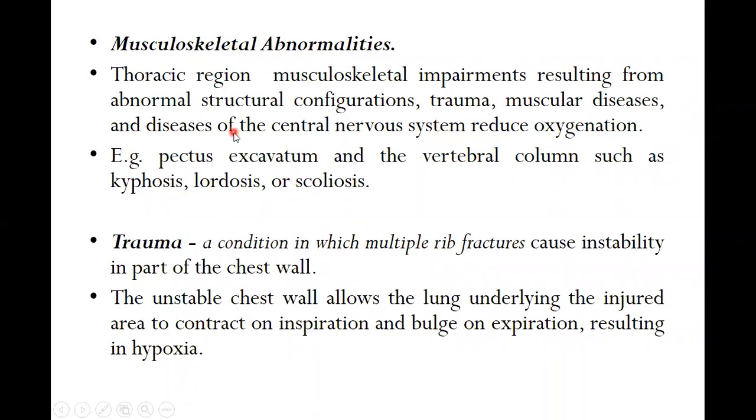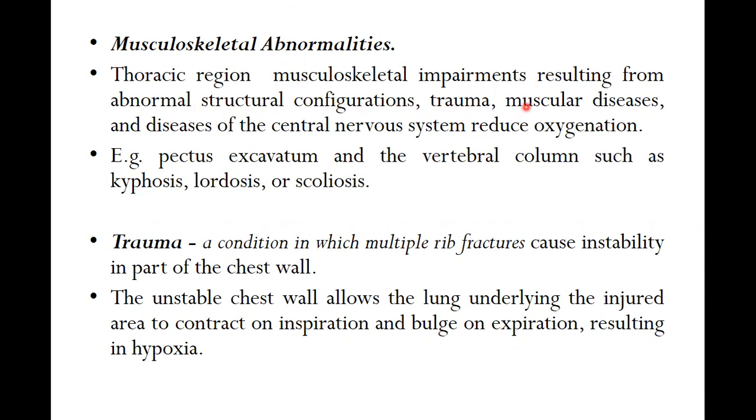Other conditions that will affect the chest wall and thus impair oxygenation include musculoskeletal abnormalities. The thoracic region musculoskeletal impairments that may result from abnormal structural configurations. For example, there's a condition we call pectus excavatum, where the sternum is pushed inwards. That will reduce the lung volume.